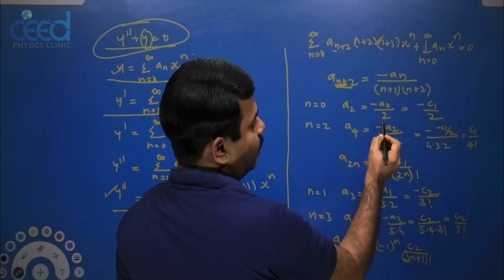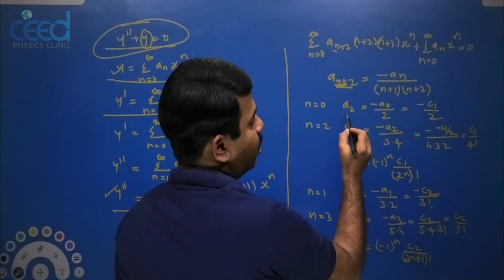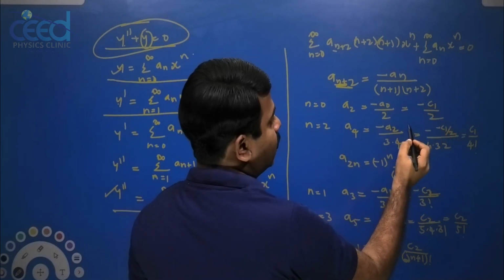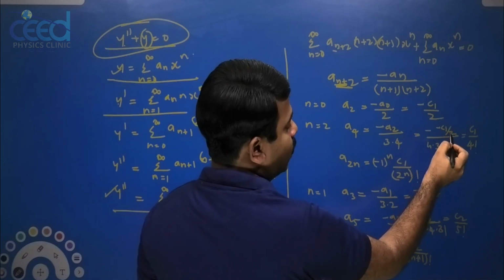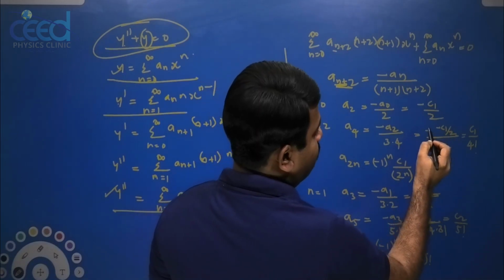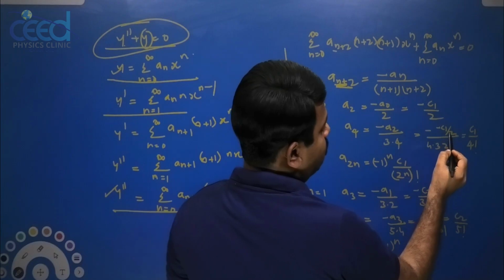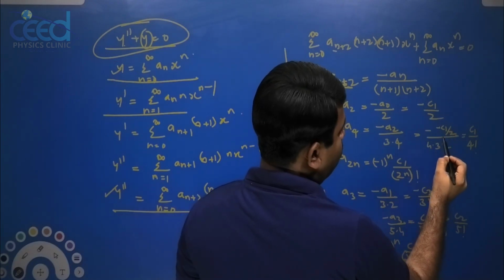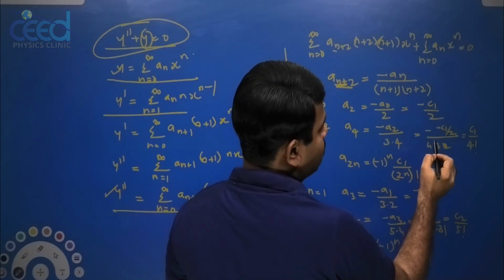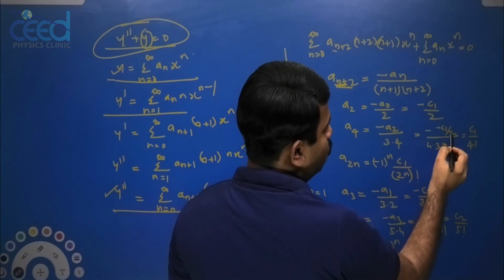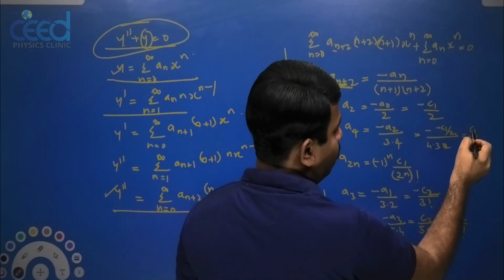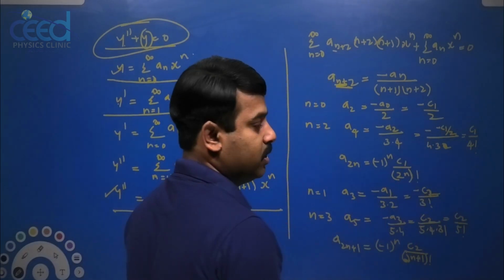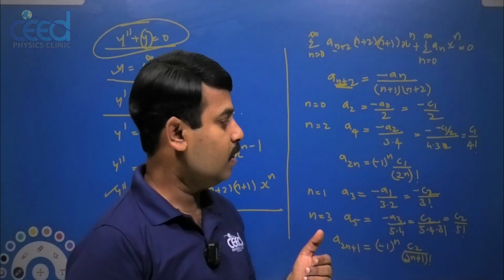A2 we already solved, a2 is minus c1 by 2, substituting here, the 2 is not required, minus and minus become plus, then 4 into 3 into 2 is 4 factorial, so a4 is c1 by 4 factorial.